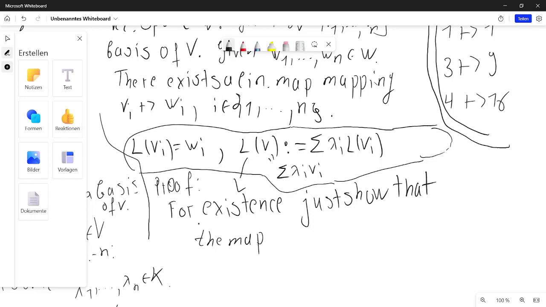Right, just show that the map, the, and if we have this representation, this is exactly the coordinate representation because such a representation is unique.